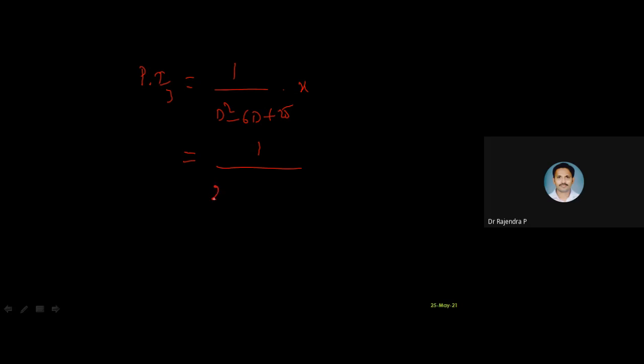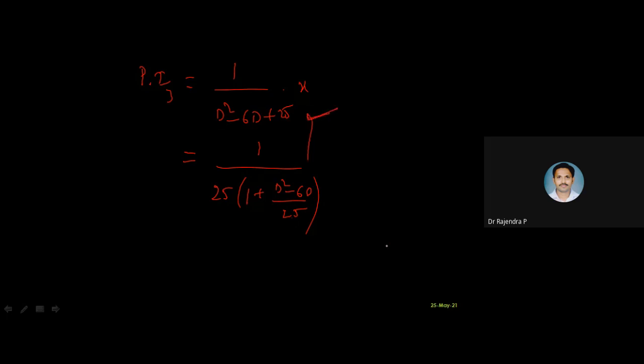I can take 25 outside. Remaining, in place of 25, I will now get 1. That is the reason we have to take the lowest degree term as common. You should get positive 1 there as the first term. Keep in mind, in place of 25, plus D square minus 6D by 25. If anybody has doubt, multiply 25 with these inside terms again and you should get this particular term.